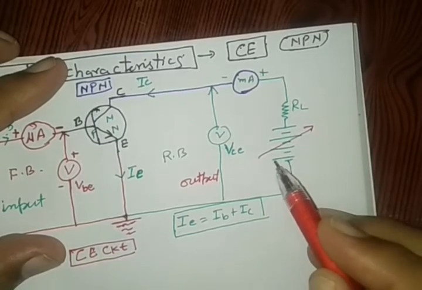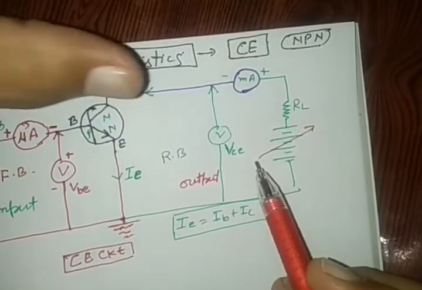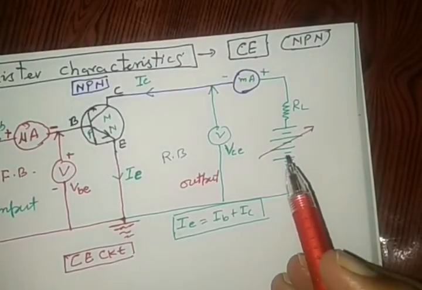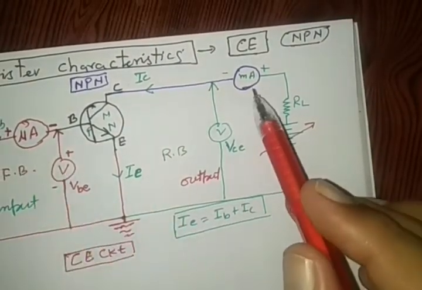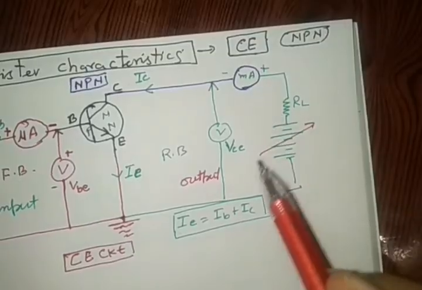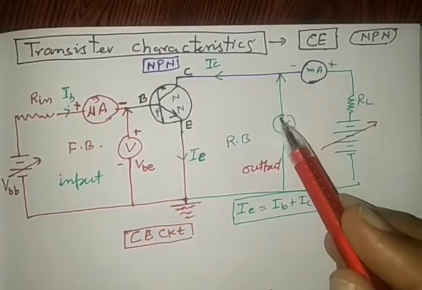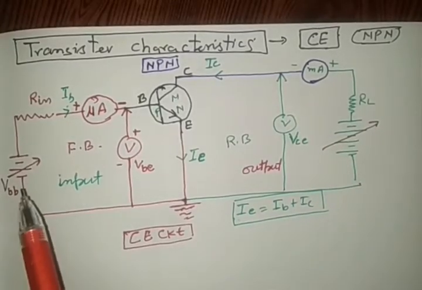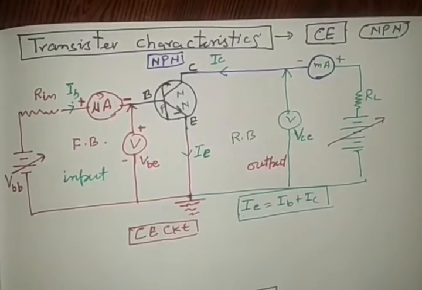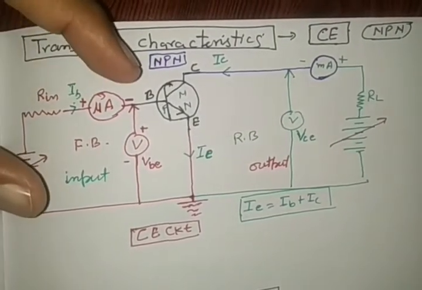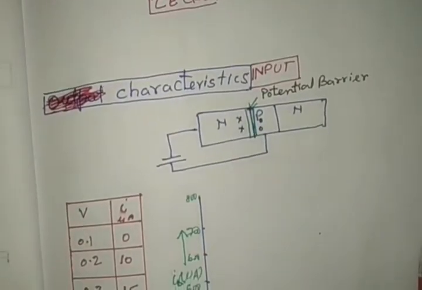By changing the voltage, the current flowing in the circuit also changes. Now see, when the current deflection is obtained in both the emitter and collector, the output voltage is made constant, and now the change in input voltage and input current is observed. The relation obtained between voltage and current in the input circuit is known as the input characteristic.